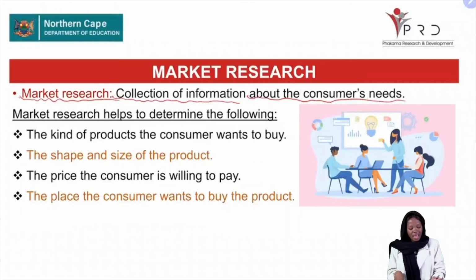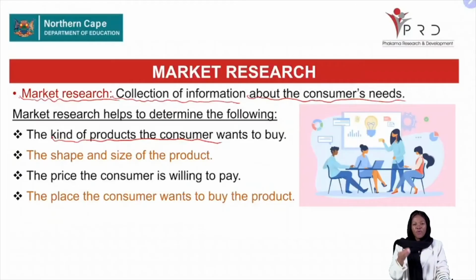Market research helps us to determine the following. Firstly, the kind of products the consumer wants to buy. You want to satisfy the consumer's needs, meaning you need to produce the products that the consumer wants to buy.